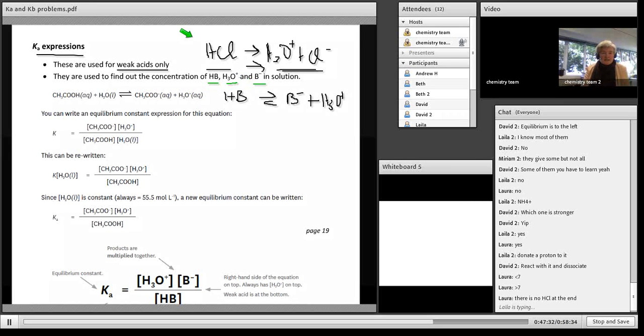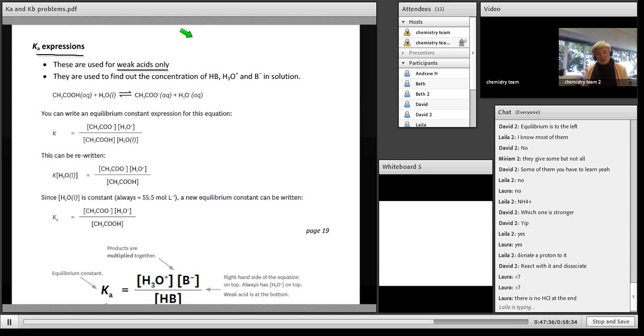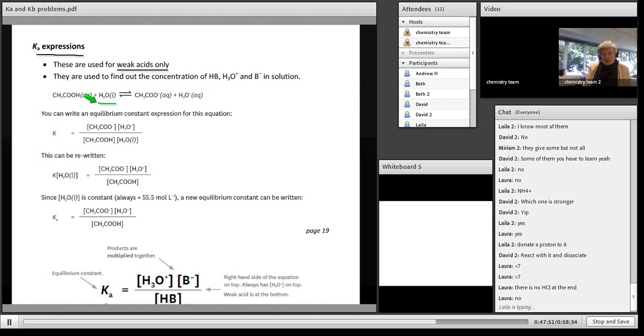And it's done exactly the same as with the Ks, except with the Ks we had a solid as a reactant and was underneath, and we don't have that with the Ka. We do have water. So does water change in concentration? No, it's so minimal we can assume it hasn't changed.